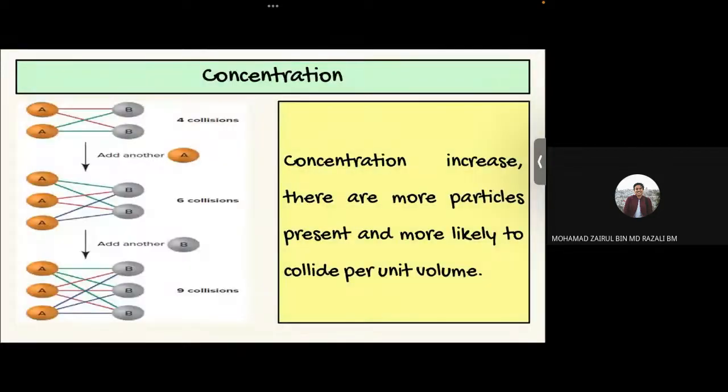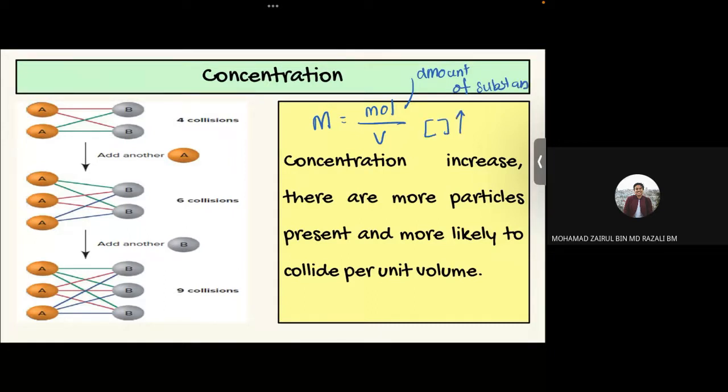Okay, so concentration, kita kena ingat concentration normally kita measure dalam bentuk molarity lah. Molarity bersamaan dengan mole per volume. Mole ini adalah the amount of substance. Lagi tinggi molarity per unit volume, mole awak akan lagi tinggi.